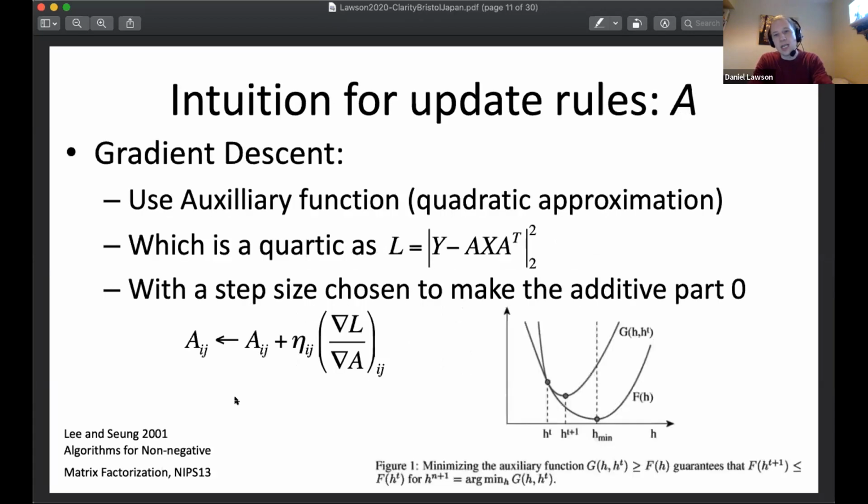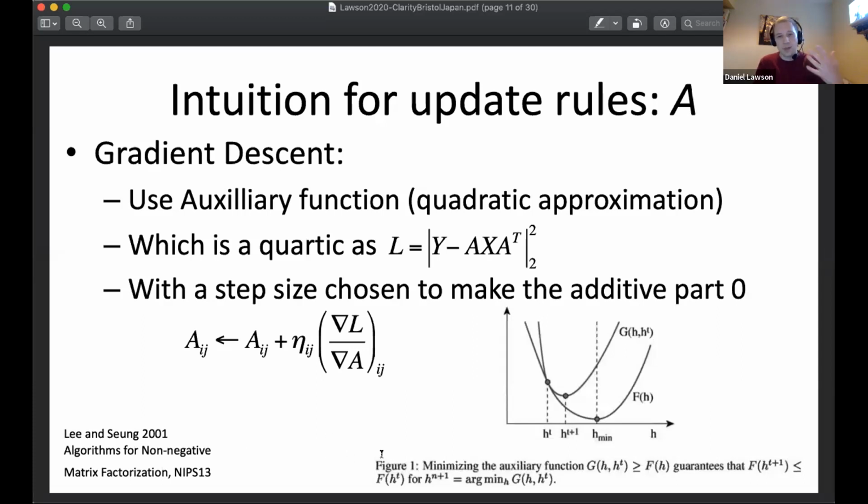The A rule is more complicated, but it's still based on something that's now 19 years old. So Lee and Seung described an algorithm for updating these non-negative matrix factorization problems. The trick here is to use an auxiliary function.